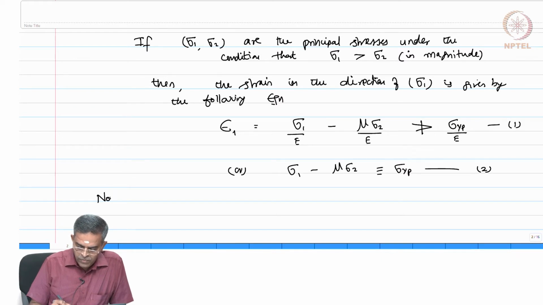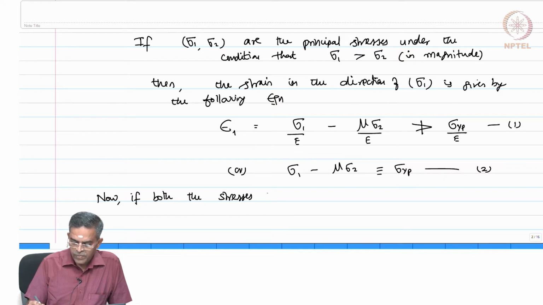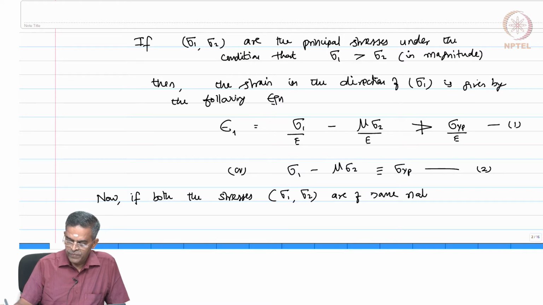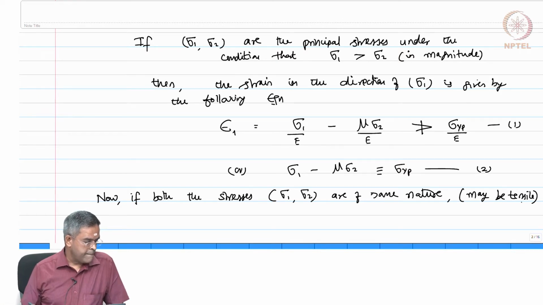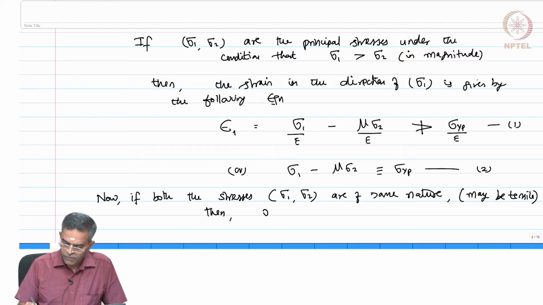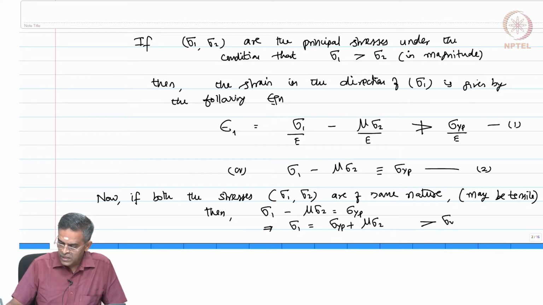Now, if both the stresses sigma 1 and sigma 2 are of the same nature, let us say tensile, then substituting this condition in equation 2, we get sigma 1 minus mu sigma 2 is sigma yp, which means that sigma 1 will be sigma yp plus mu sigma 2, which exceeds even sigma yp, is it not?